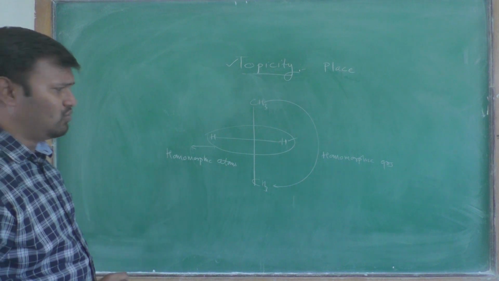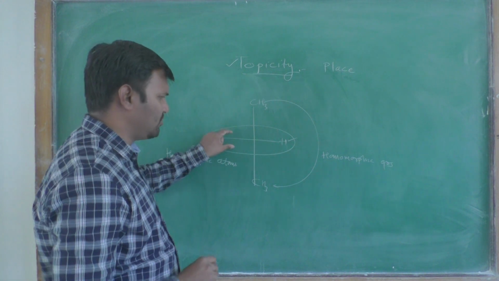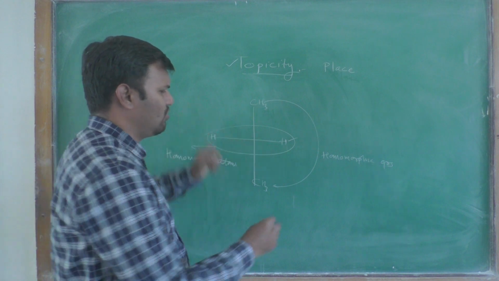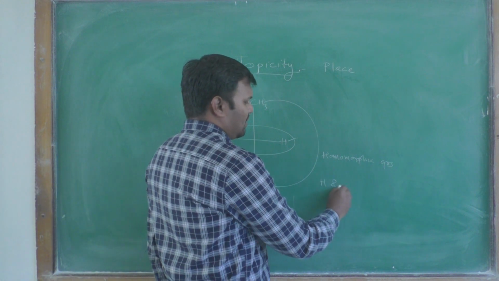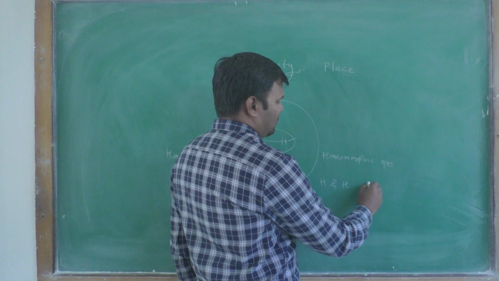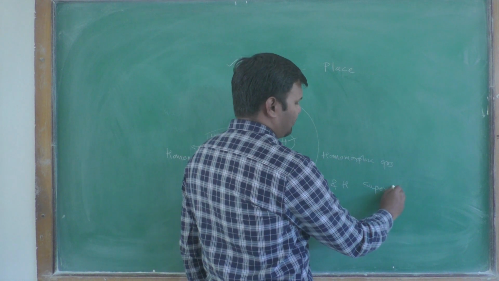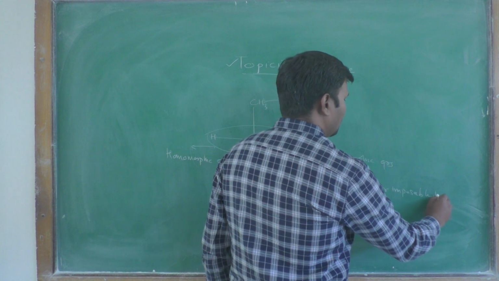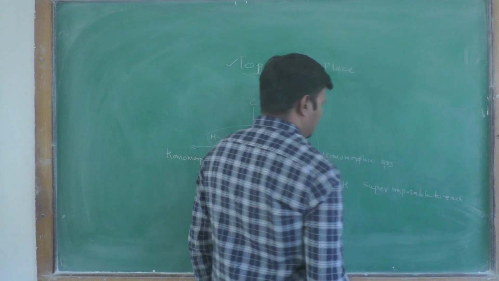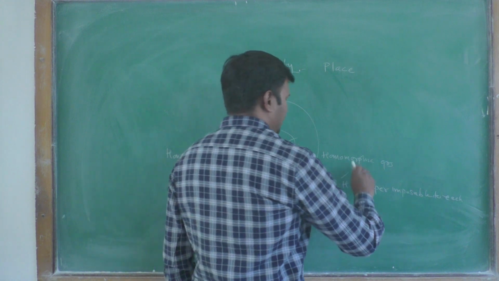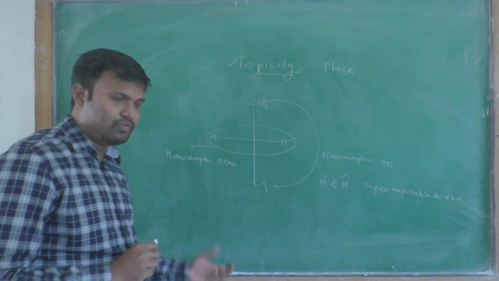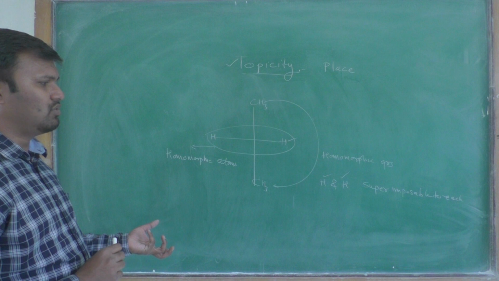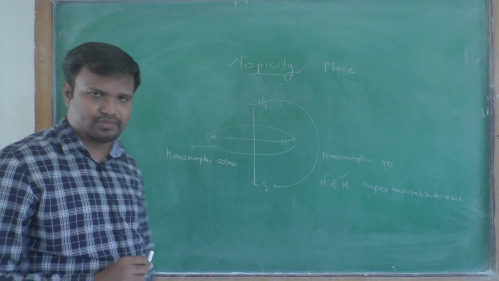When we isolate these atoms, when we isolate hydrogen, these groups are superimposable to each other, and also identical. Such groups are called homomorphic groups.